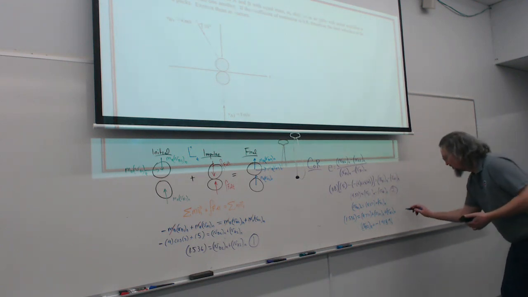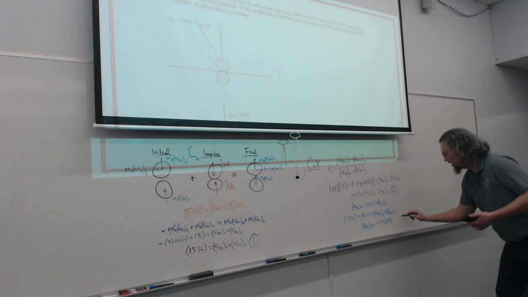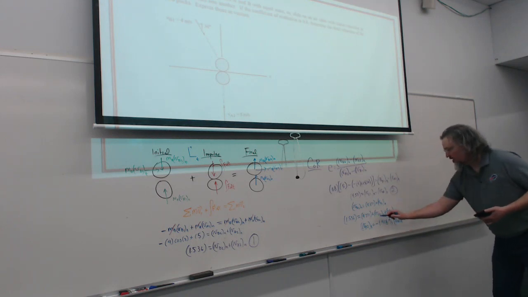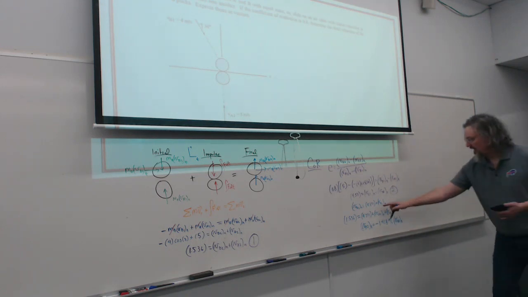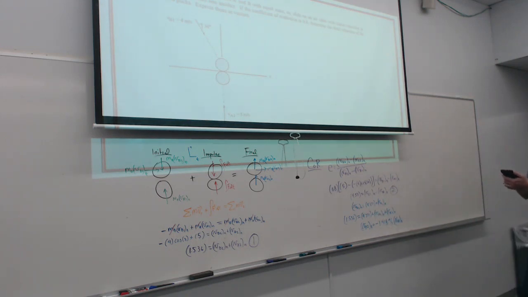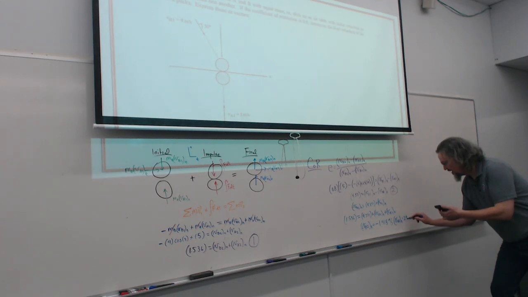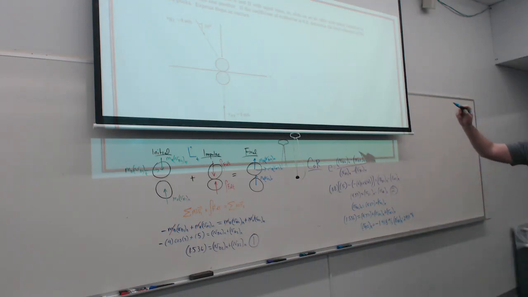And then from that I can find VB2n, I can just add that to my 4.371 and get 2.953 meters per second. And the way the question asks, we're going to express these as vectors.